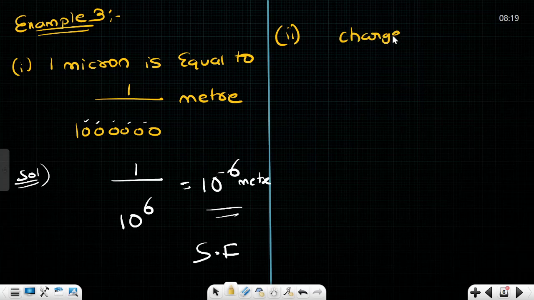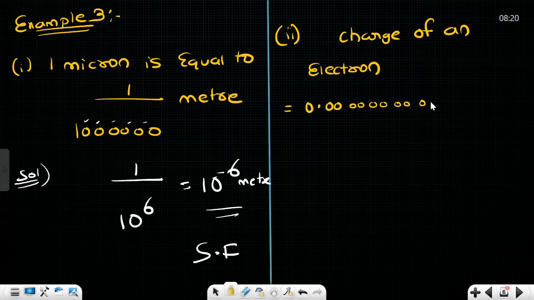Next, charge of an electron. Charge of an electron is equal to 0.000... This is given, Akshita.